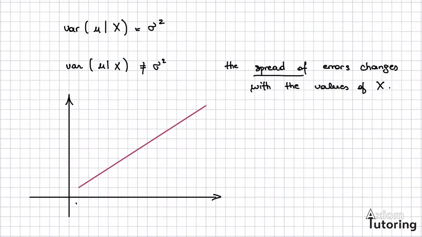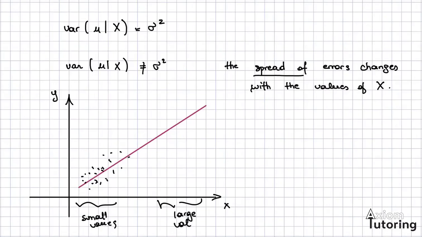For small values of x, you can imagine clustered observations, and for large values, you have a larger spread. Ultimately, there is that famous funnel shape, or fan shape, the classic visual signature of heteroskedasticity.